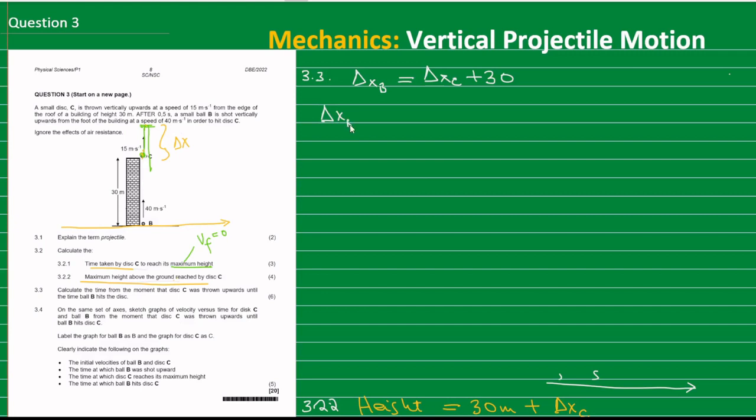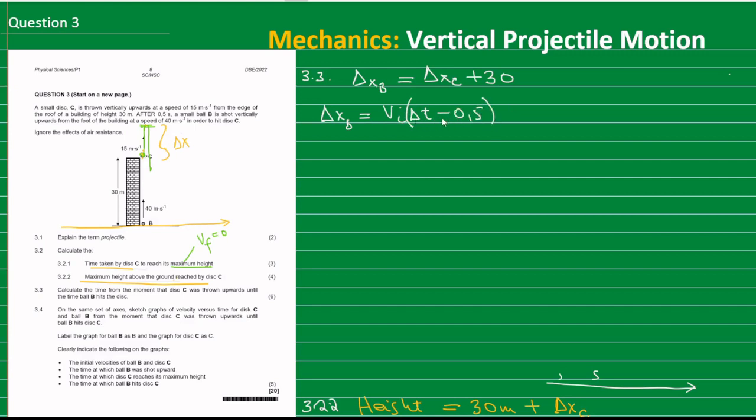The displacement of ball B, delta xb, in terms of our formulae, is going to be vi times (delta t minus 0.5) plus a half a times (delta t minus 0.5) squared.